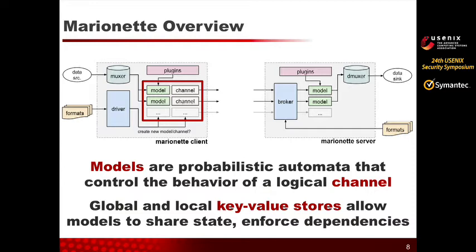We also have a neat little feature where, in order to ensure that these models can be dependent on one another, so that if you have multiple connections, there are dependencies that can be modeled, we have a global and local key-value store that's shared among those models. I won't talk too much about that, but if you're interested, definitely take a look at our code, which I'll give a link to at the end.